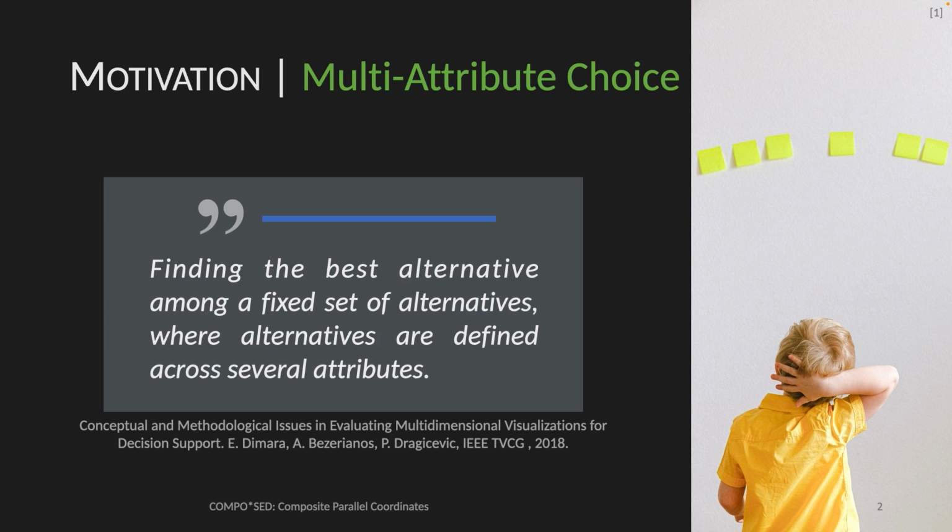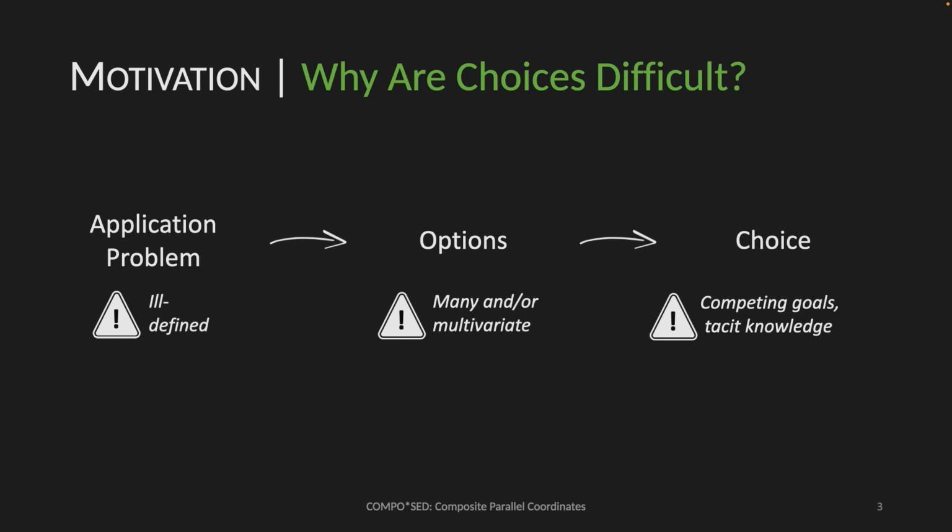This requires human judgment. Now, what exactly is it that makes choices difficult? First of all, choices most often concern an ill-defined problem, where the ideal solution is hard to articulate. So to not overlook a solution, we usually compile ourselves large sets of options to choose from. Computing has made this very easy, even if options come with many properties.